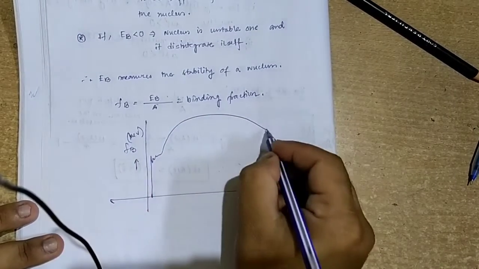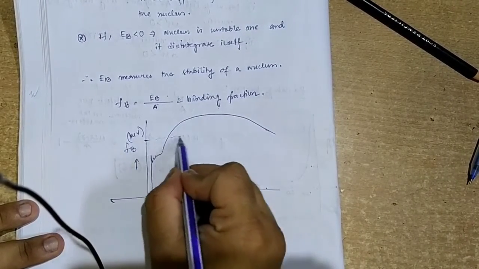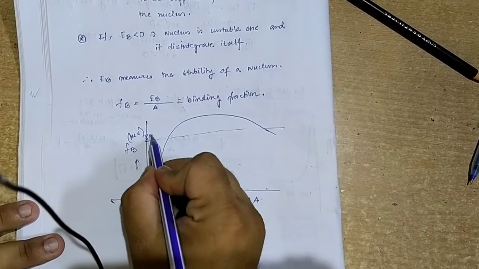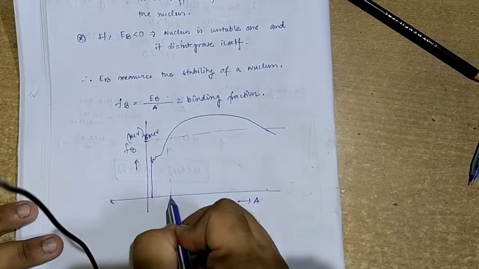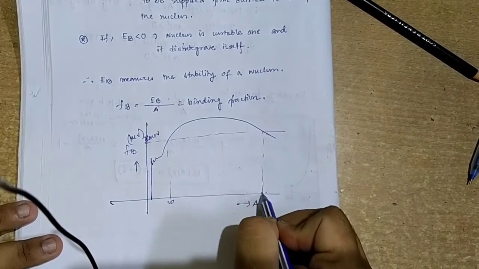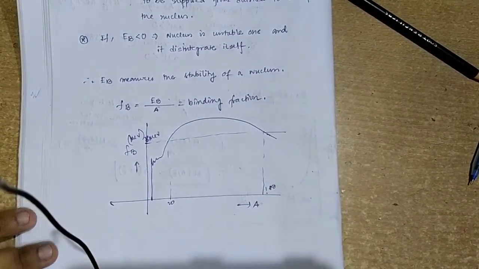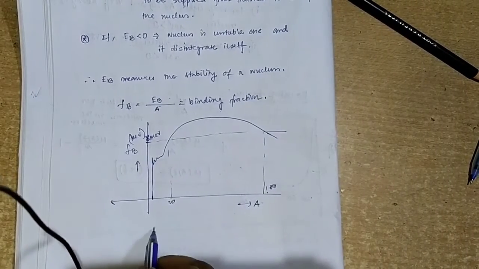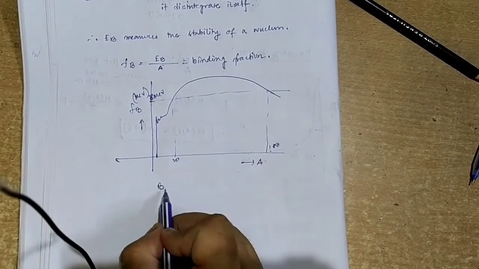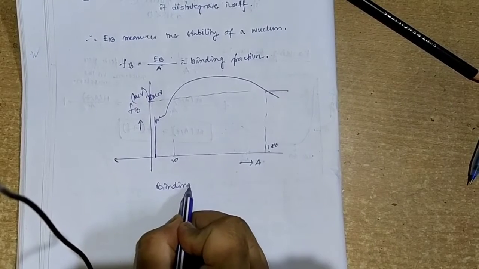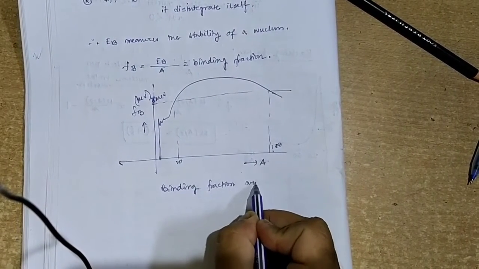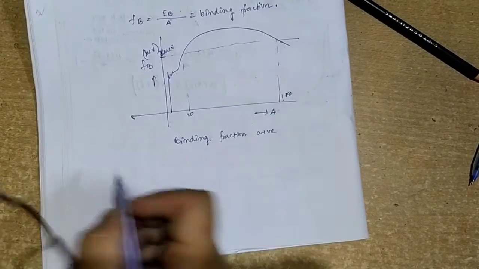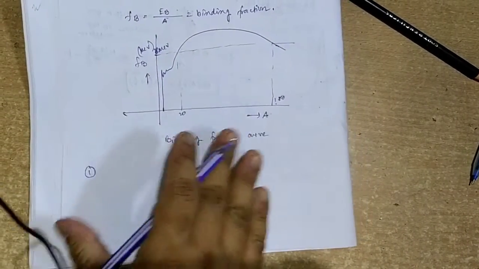It is of the order of 8 MeV range, for A around 20 to 180. From this curve we get the following conclusions.